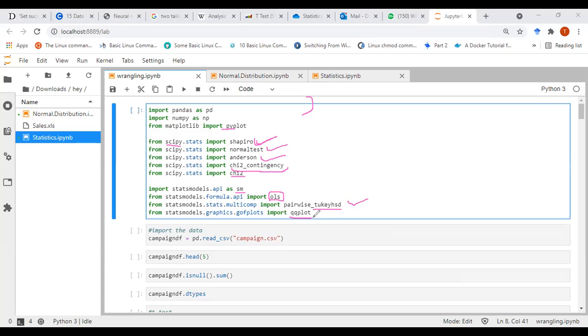QQ plot. What's a QQ plot? Anybody knows what's a QQ plot? A QQ plot is actually a quantile plot.